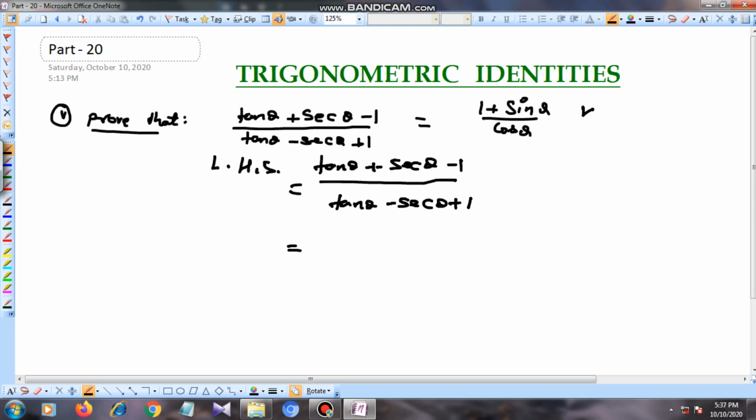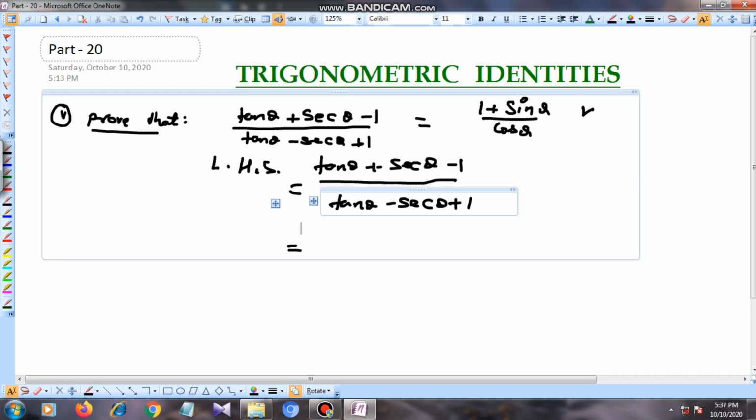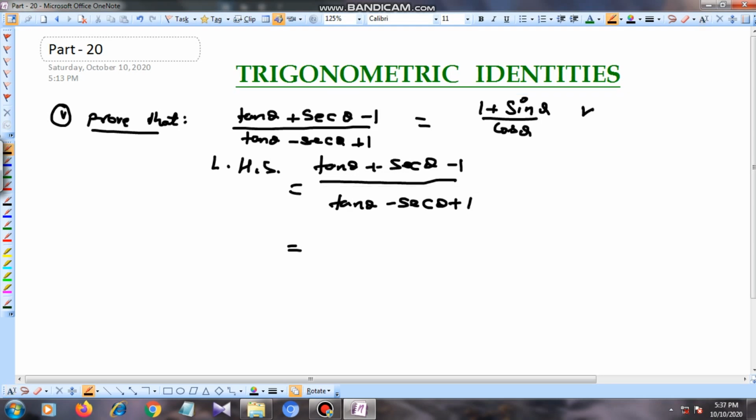Now in this question no identity can be applied directly, so we want to put the value of 1 from an identity. We know that sec square theta minus tan square theta equal to 1.